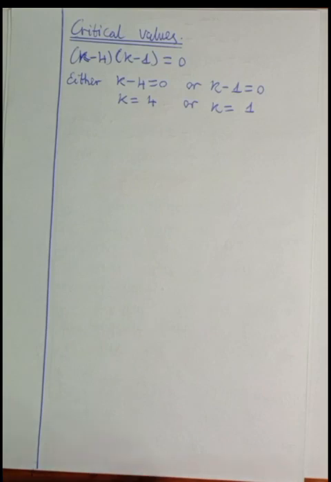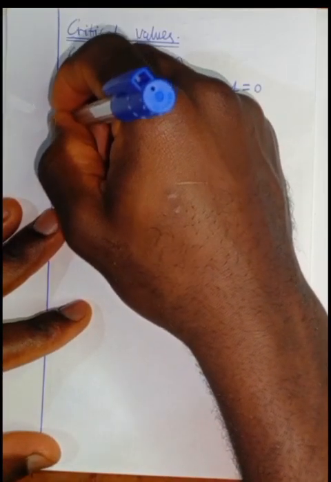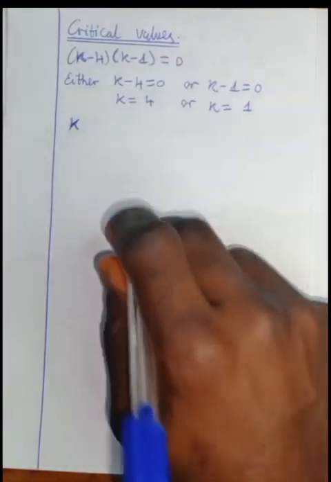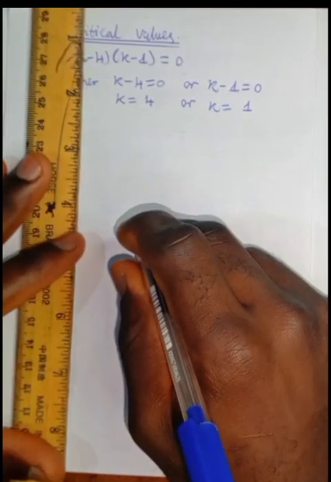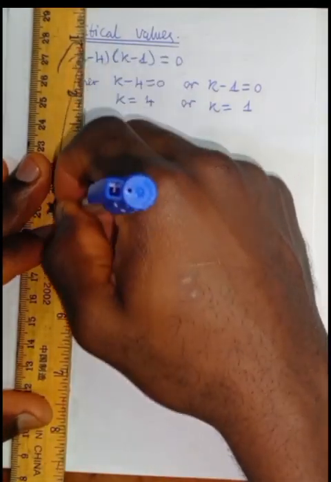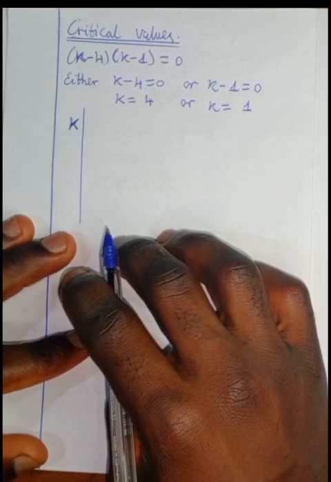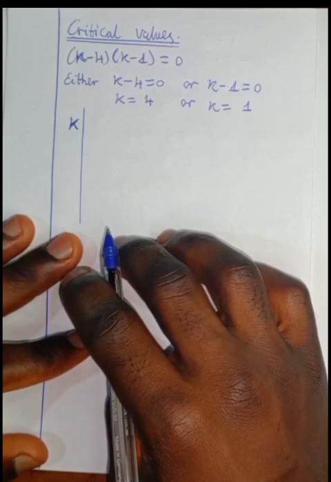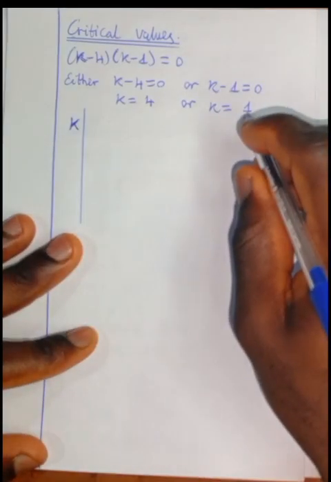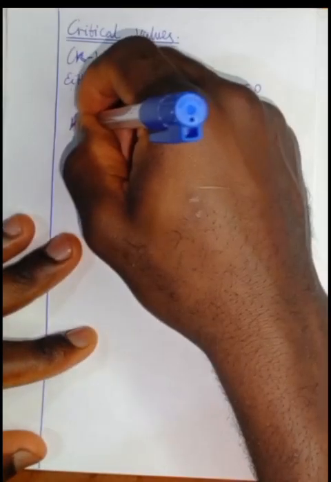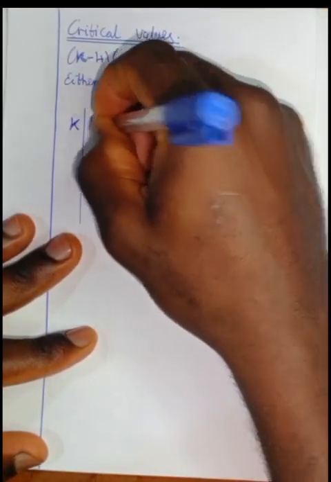Let's construct our table. For the first column, we have k. For the second column, we are going to test values of k which are less than the smallest critical value, which is 1. We're going to take k less than 1.